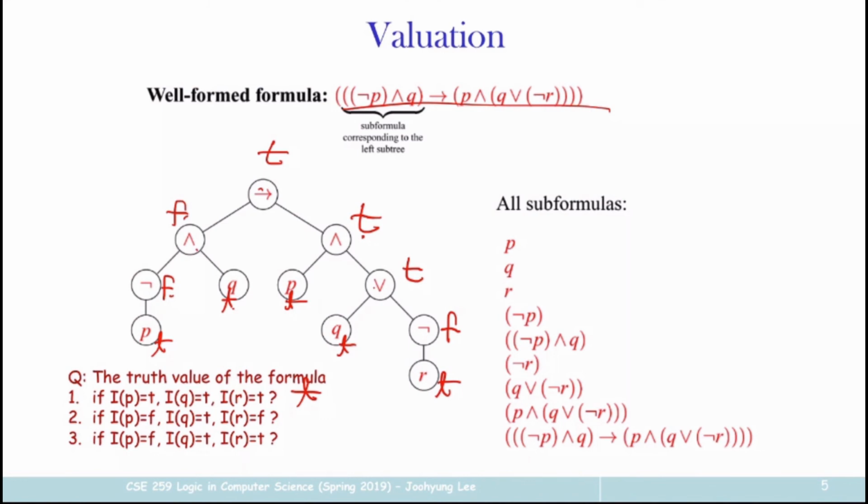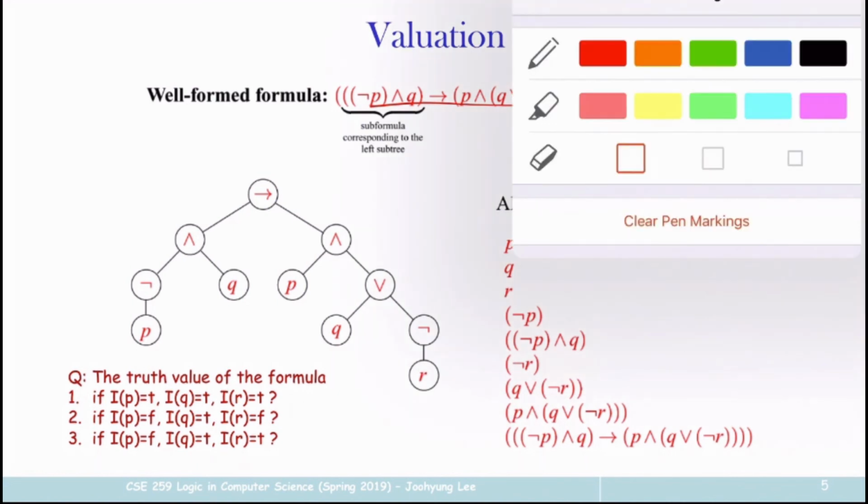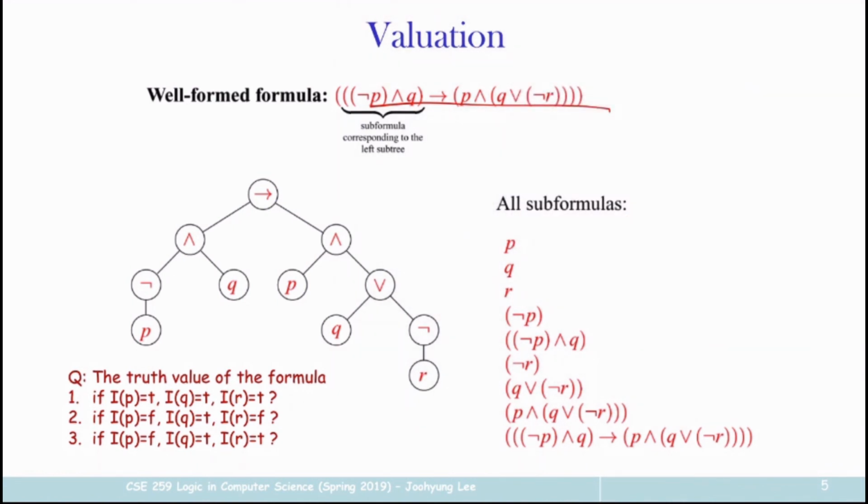The second problem is when P is false, Q is true, and R is false. So this is the case.